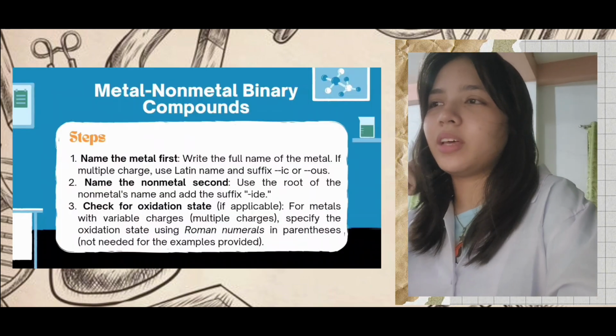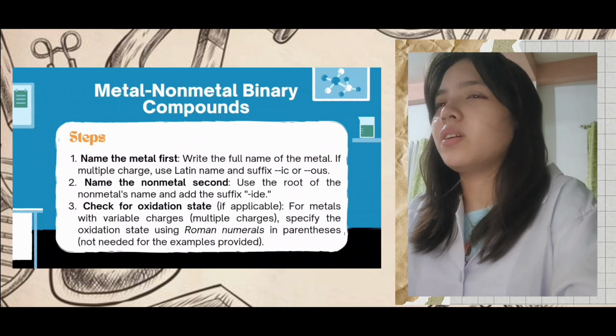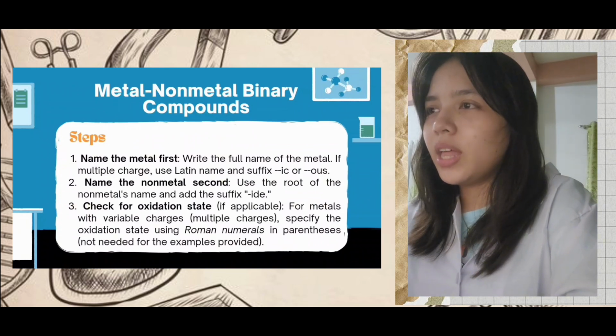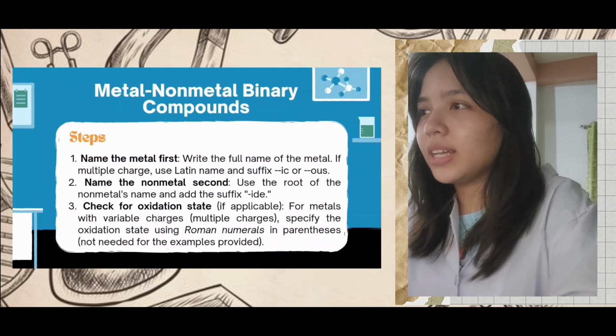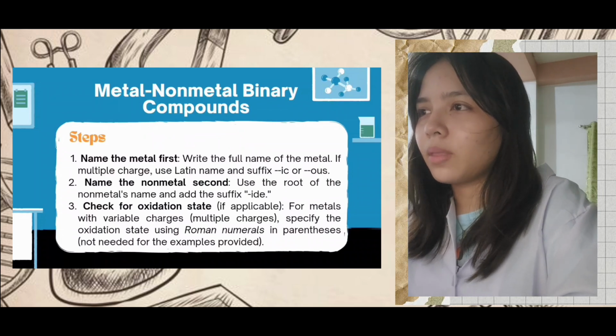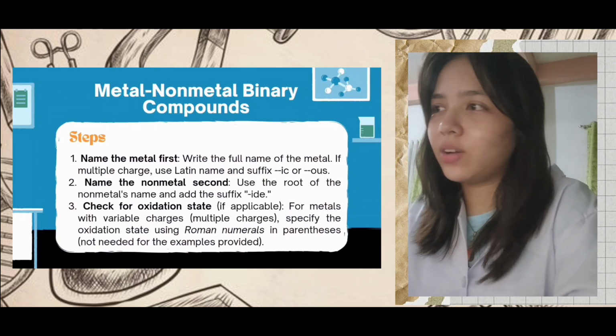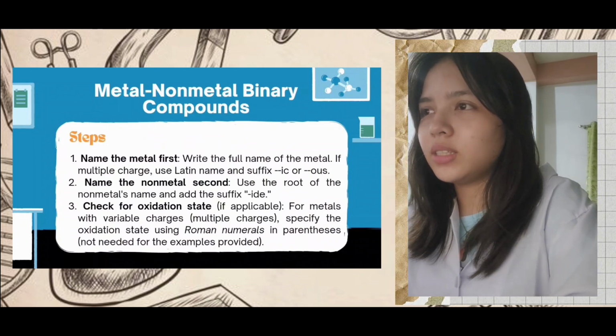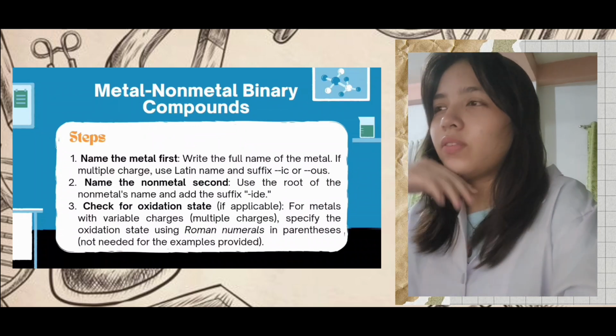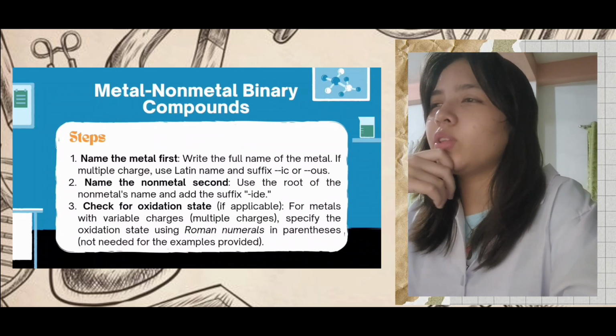Steps to naming metal and non-metal binary compounds include naming the metal first. Unless it has multiple charges, we use the Latin name and the suffix "ic" or "ous." Otherwise, if it has a fixed charge, we write the full name of the metal.